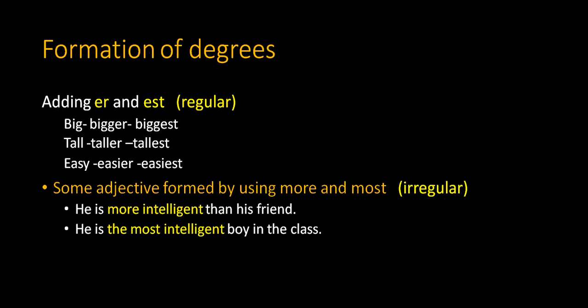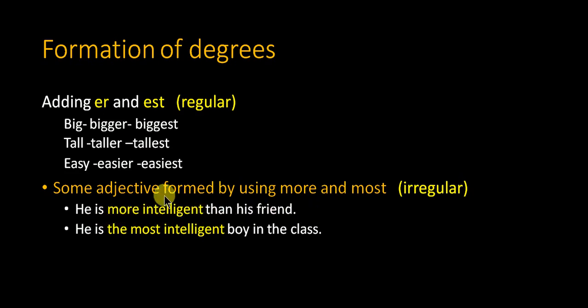And there is another way. Some adjectives are formed by using more and most. These two words, more and most, we use with the first degree. We don't change its form, its spelling. That is called irregular form. Understand? For example, he is more intelligent than his friend.